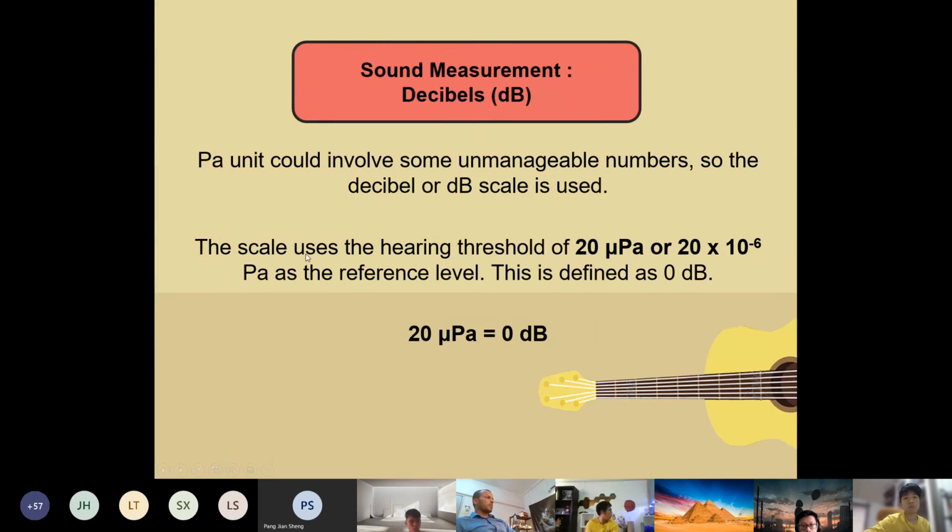The scale uses the hearing threshold of 20 micropascal, which is 20 times 10 to the power minus 6 Pascal, as the reference level. This is defined as 0 decibel. So 20 micropascal is 0 decibel, and you can convert between the two scales.